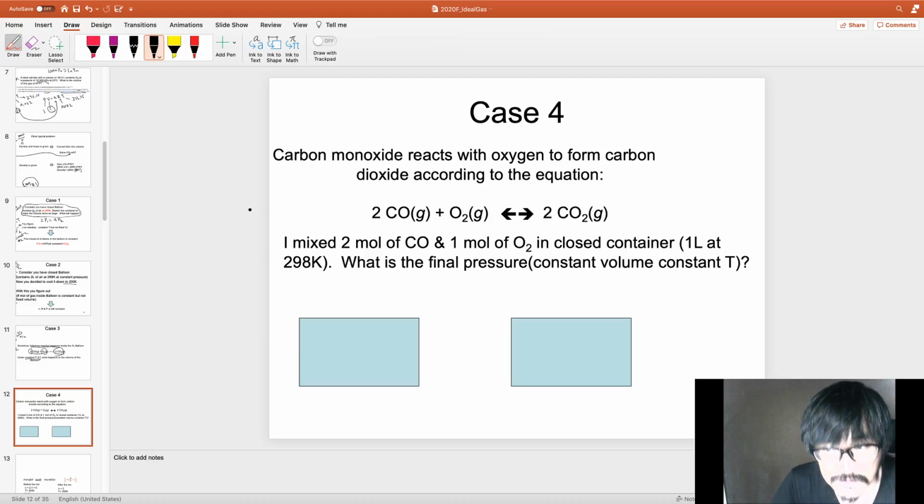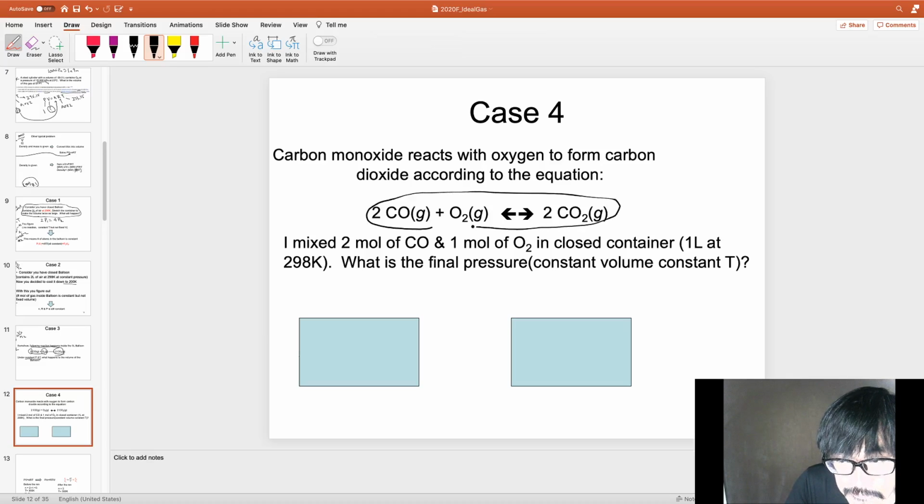Alright, let's do the next problem. So now I have the following reaction right here. And what's being held constant? Constant volume, constant temperature. N is changing.